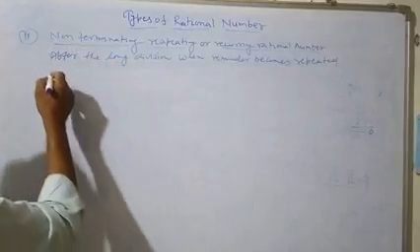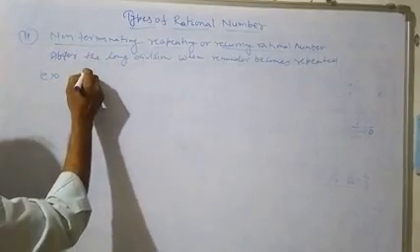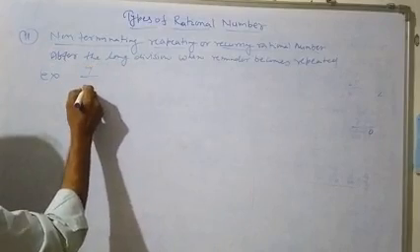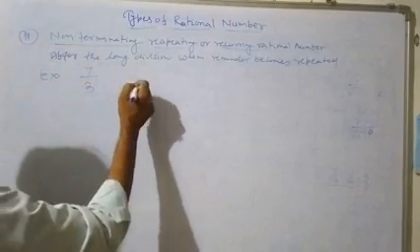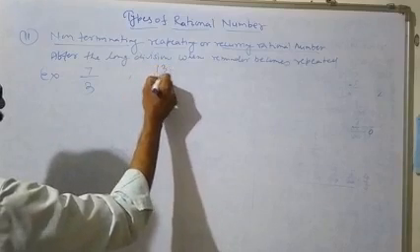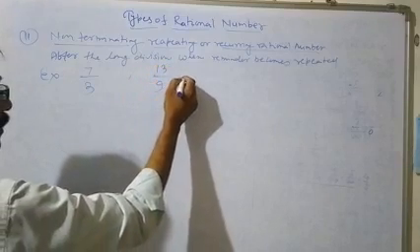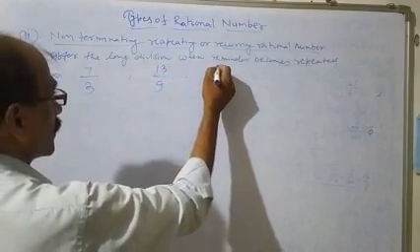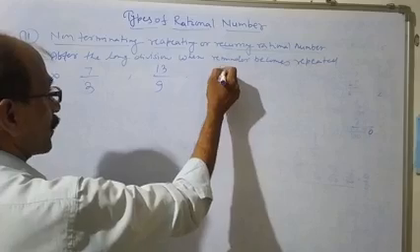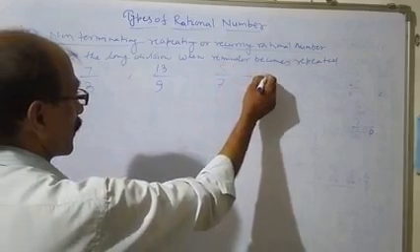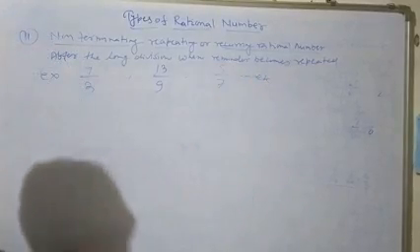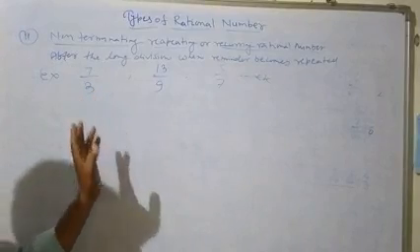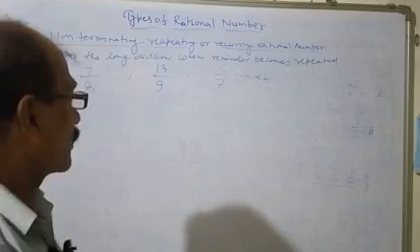For example, 7/3, 13/9, 5/7, etc. First we examine whether these are terminating or non-terminating.